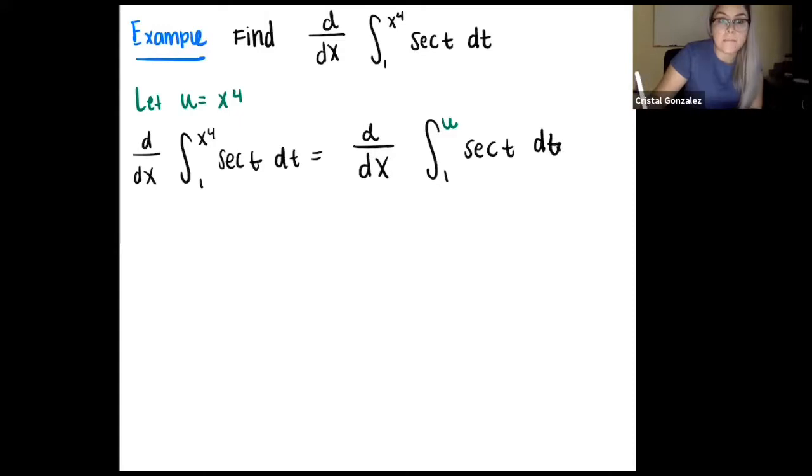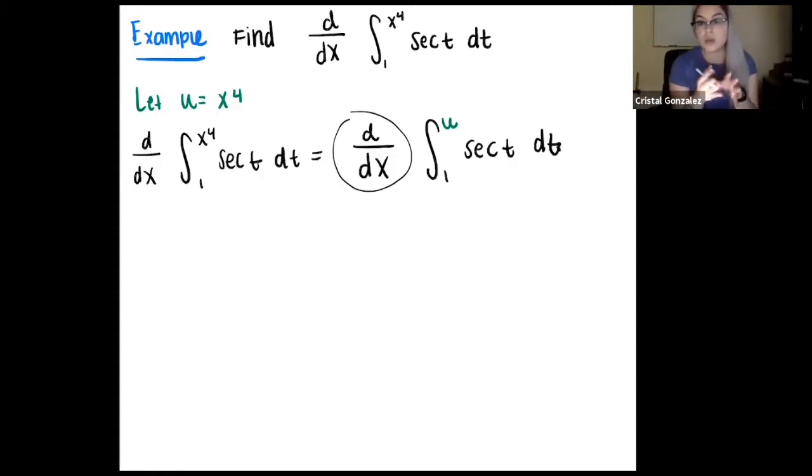But now I want to caution you on something, is that what I just wrote is actually wrong because we changed variables. Our variable is now u. So instead of writing this here, we have to write it in terms of the chain rule.